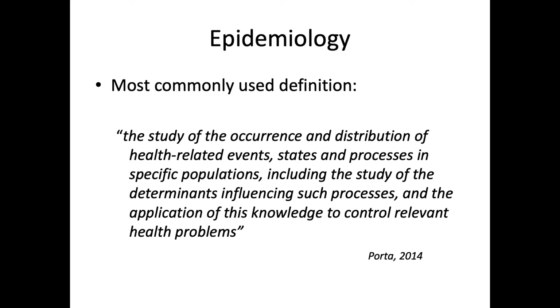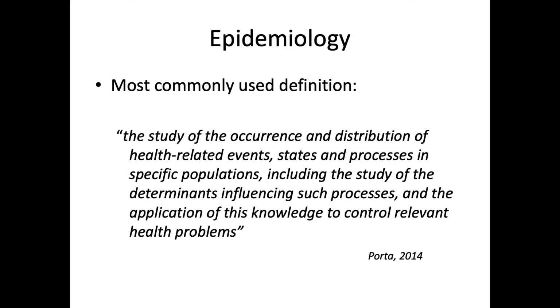On screen is a definition of what we mean by epidemiology. Epidemiology is the study of the occurrence and distribution of health-related events, states, and processes in specific populations, including the study of the determinants influencing such processes and the application of this knowledge to control relevant health problems.